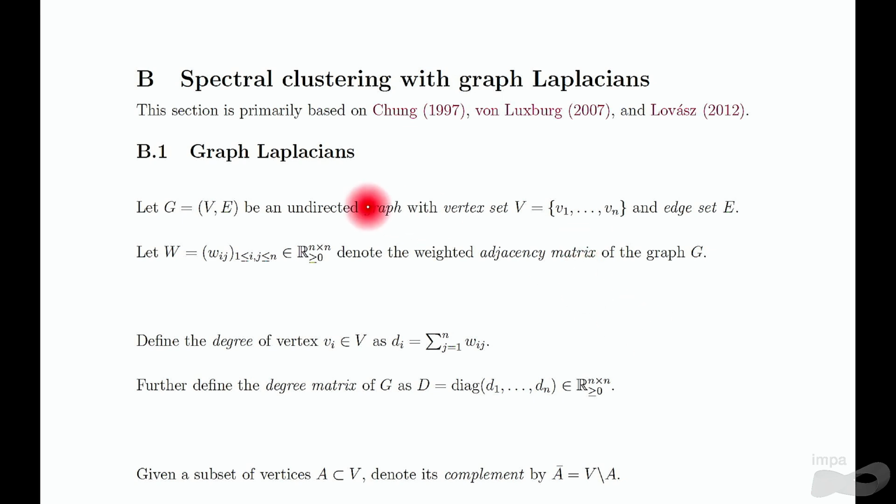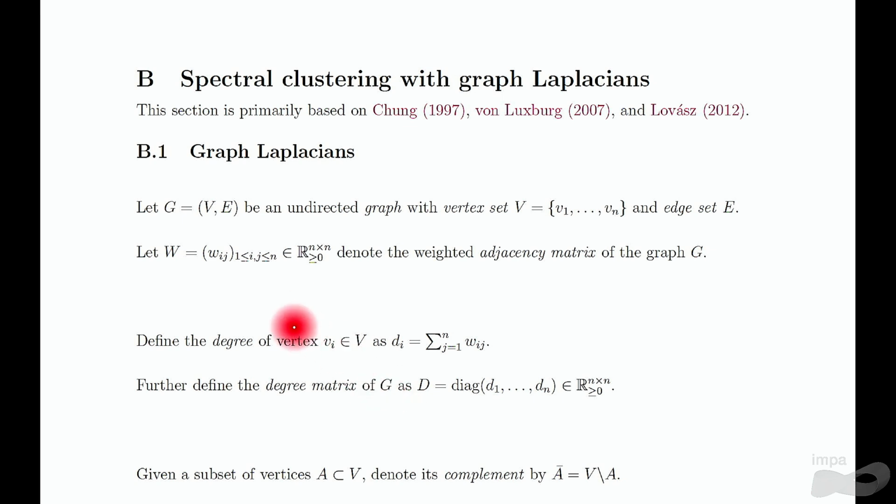We are going to consider an adjacency matrix corresponding to a particular graph. We're going to think of this as weighted, so we're going to use W, and we're going to think of this as being a non-negative matrix. And so in particular, vertex i and vertex j are going to be said to be adjacent if the corresponding w_ij entry is non-zero. Otherwise, there is no link or edge between them.